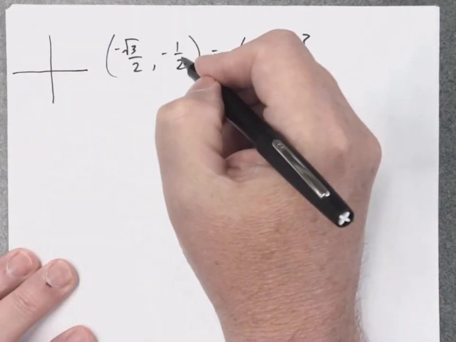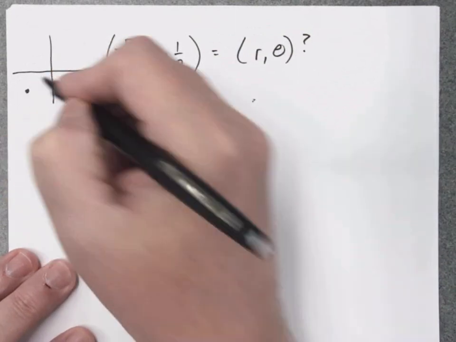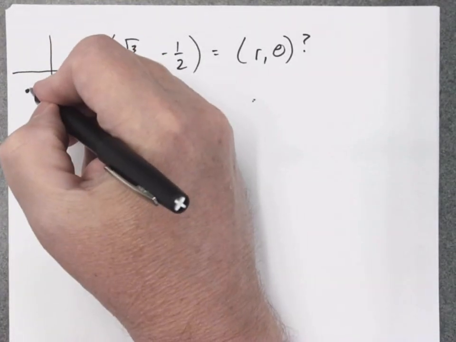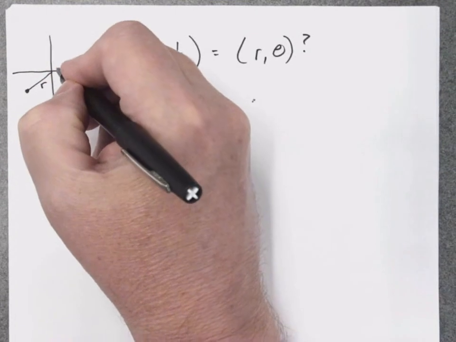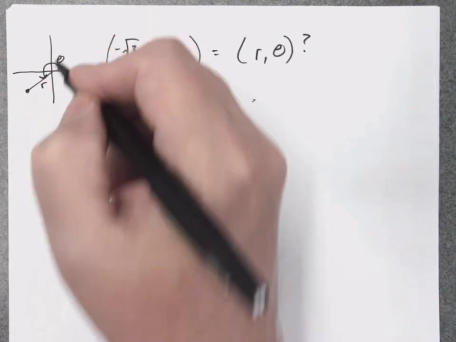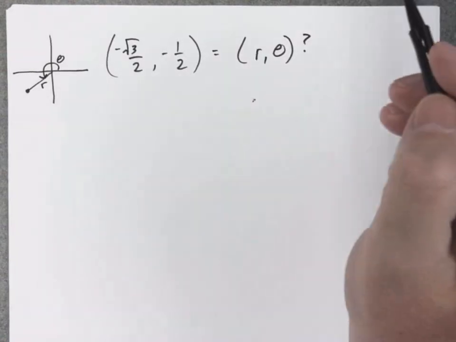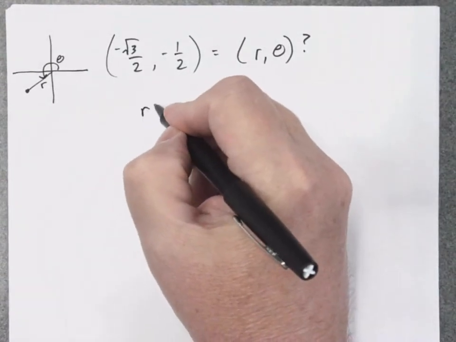If both x and y are negative, where does that occur? That's down here somewhere in quadrant 3. So as a polar coordinate, this is going to be my r, and this will probably be my theta. The r is always very straightforward. It's just plug it into the formula.